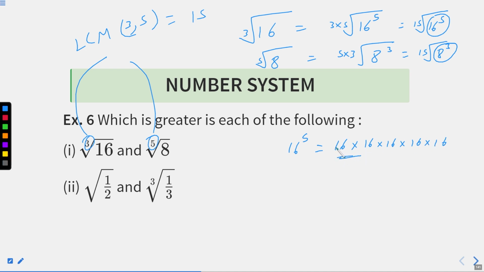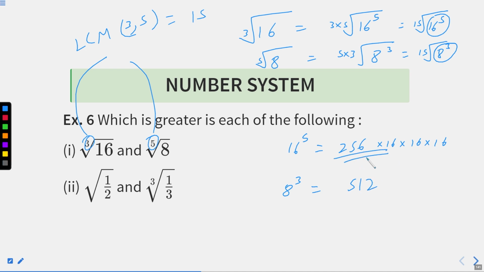I know this, 16 squared is 256, and let me do 8 cube. 8 cube is 512.